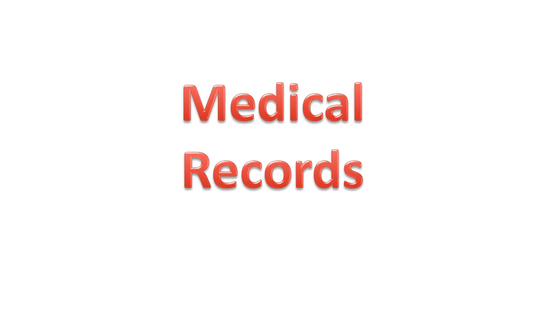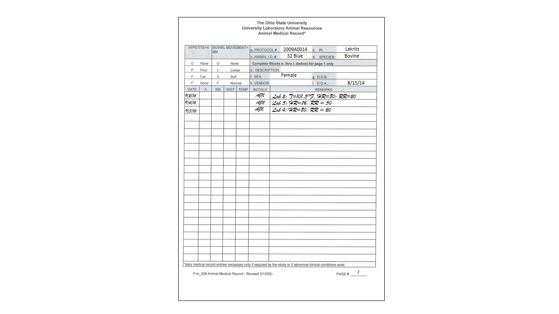Medical records are very important with our teaching animals. We need to document everything that we do to each animal. This is what the teaching animals record looks like. Please make sure that every entry is dated and initialed. You need to specify what lab was performed. You can include physical examination values, but this is actually not necessary.